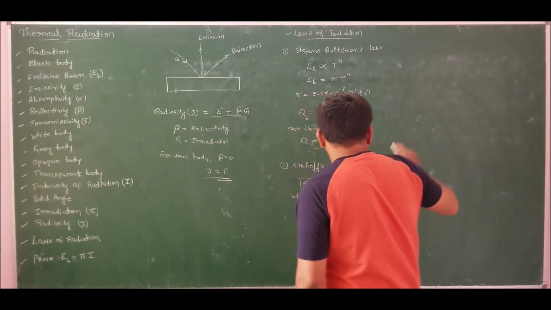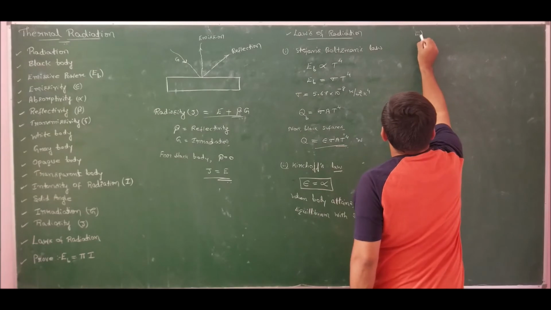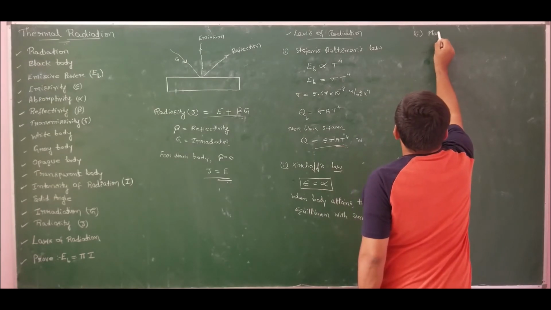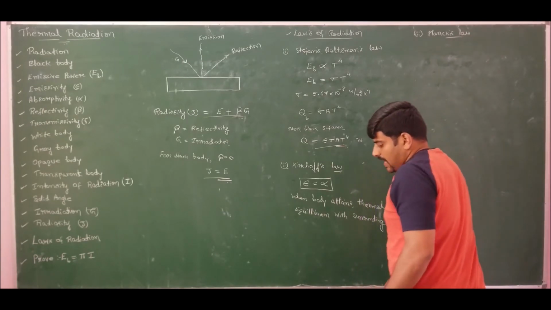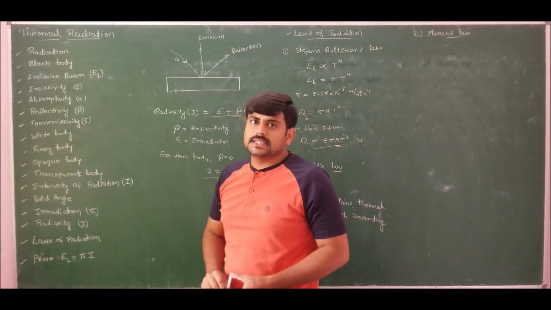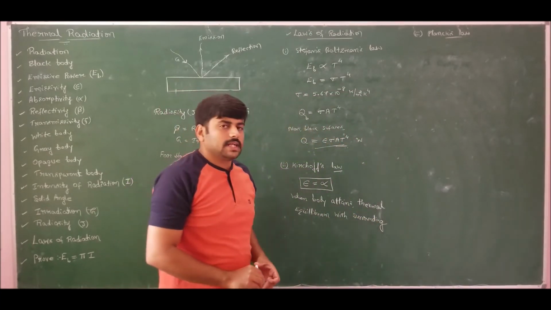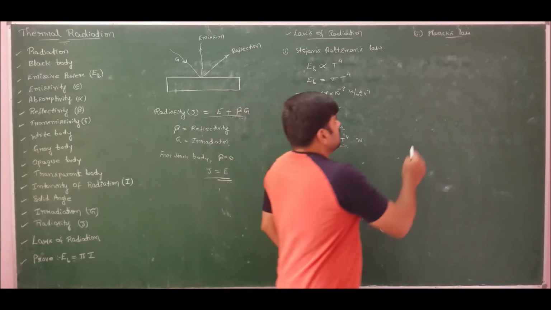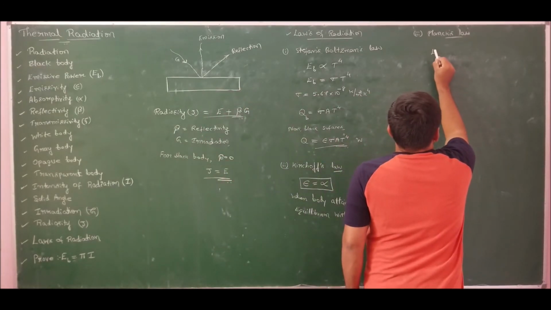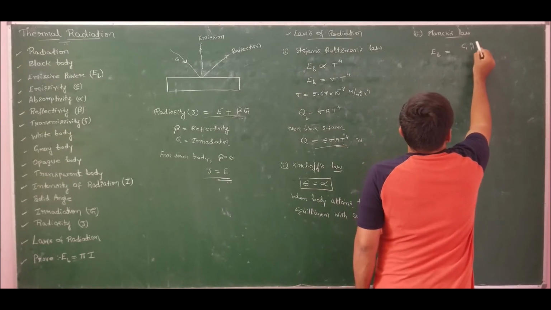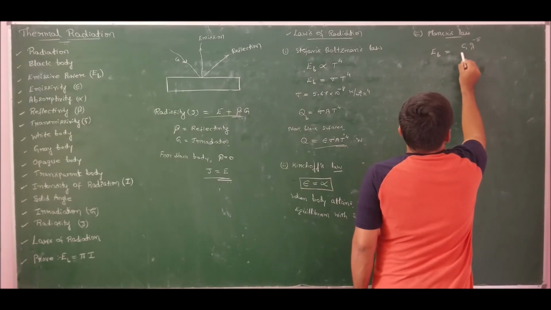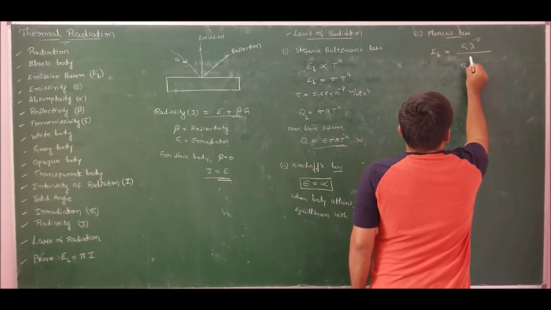Next, moving on to the third one. Third one is Planck's law of radiation. Planck has determined the spectral distribution for radiation at different wavelengths, and he has given the equation for emissive power of a black body, which is given by constant C1 times lambda to the power of minus 5 divided by e to the power of constant C2 by lambda T minus 1.